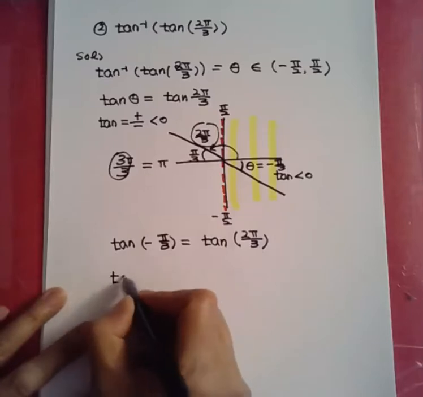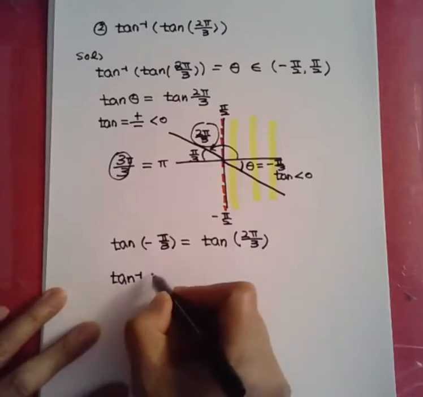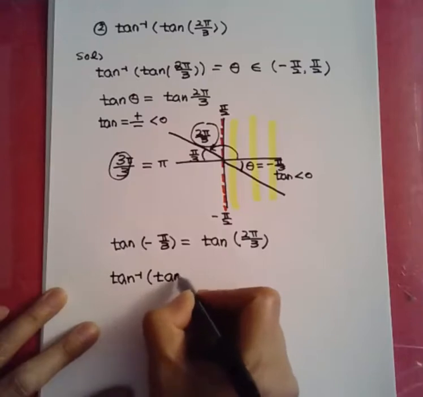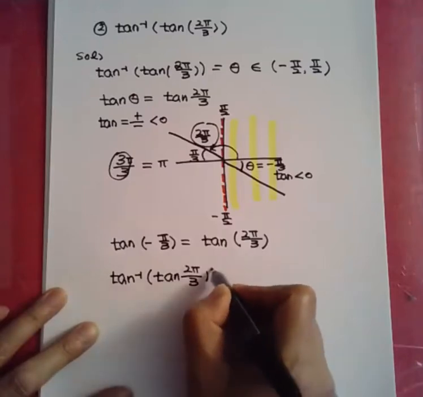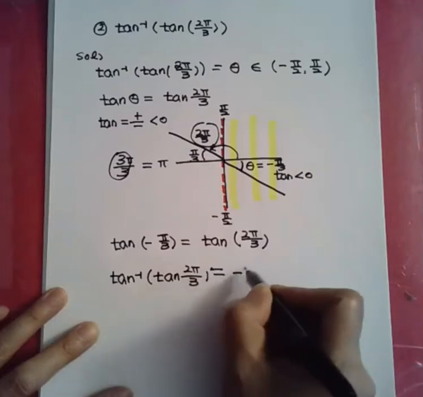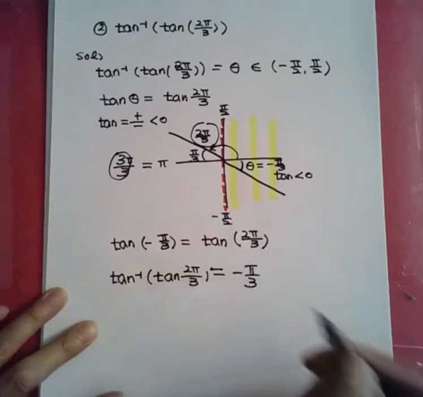That means tangent inverse of tangent of 2 pi over 3 equals minus pi over 3.